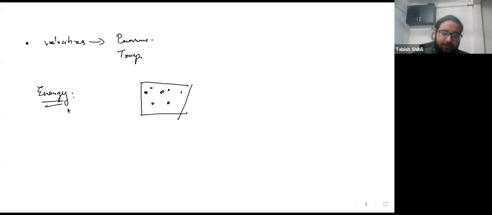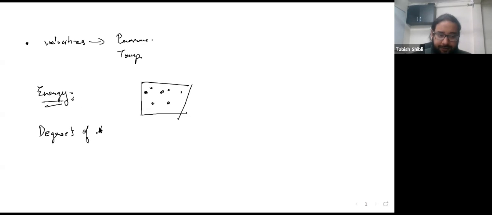Where is the energy actually stored? And the answer comes from a very surprising place. Actually, not a very surprising place, but you'll understand why it is surprising as we go ahead. The answer comes in the form of the degrees of freedom.